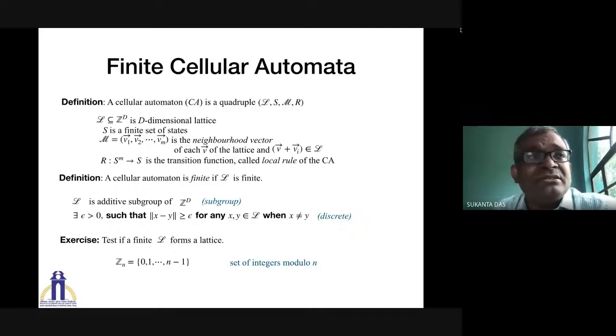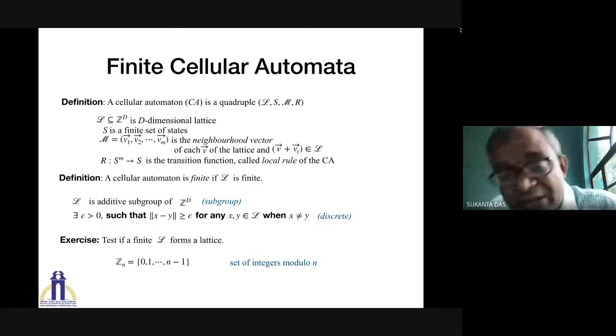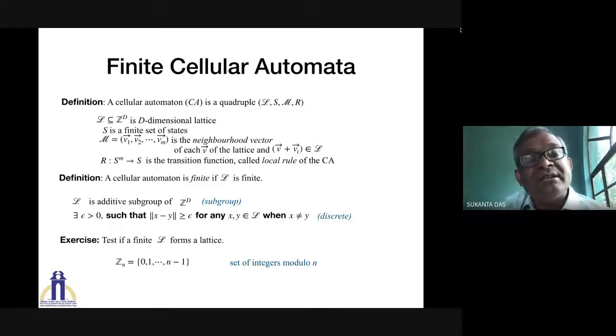What is the meaning of inverse? x is the inverse of y if x plus y equals 0. Since addition is the modulo n operation, you can always find two elements whose sum is 0. For example, 1 plus n minus 1 is equal to n, which is equal to 0 because it is the modulo n operation. So the inverse is also present here.